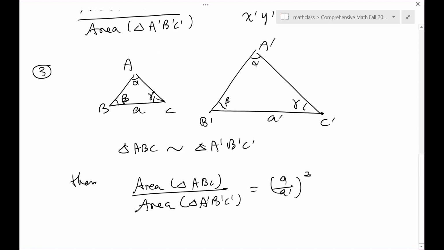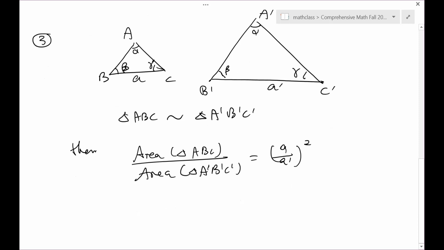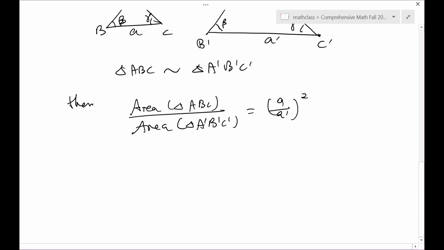Okay, so if the ratio is 1 to 5, then 1 over 5 squared will be 1 over 25. So the larger triangle will contain 25 small triangles. Okay, so those are the three important comparisons for the area.